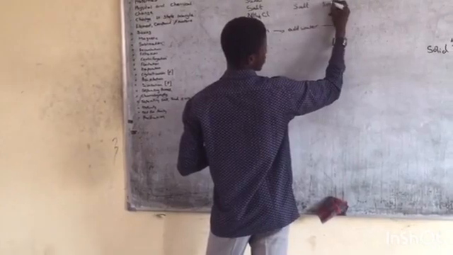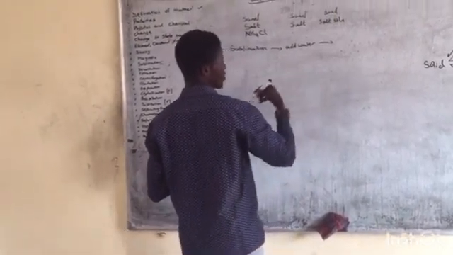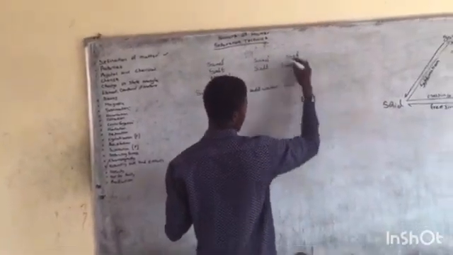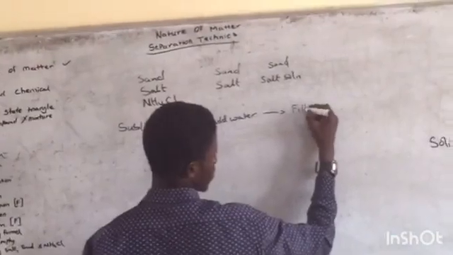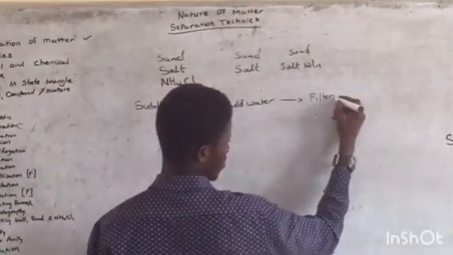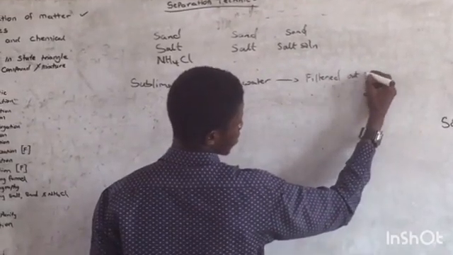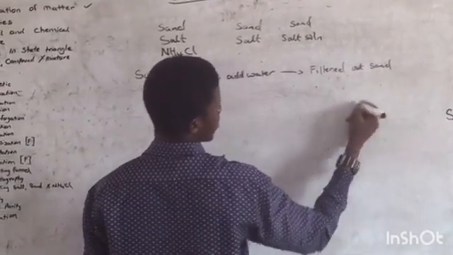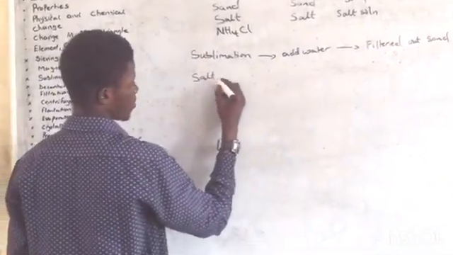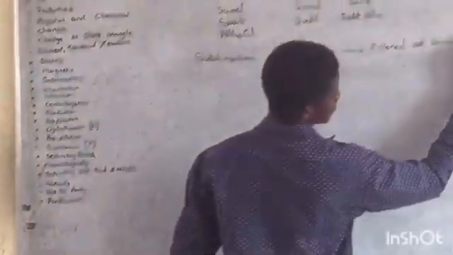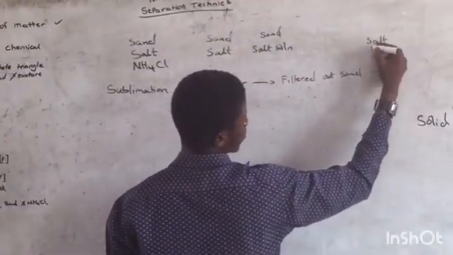So now you filter out the sand, because sand is insoluble. If you filter out the sand, you're left with what? The salt solution. You write it here.